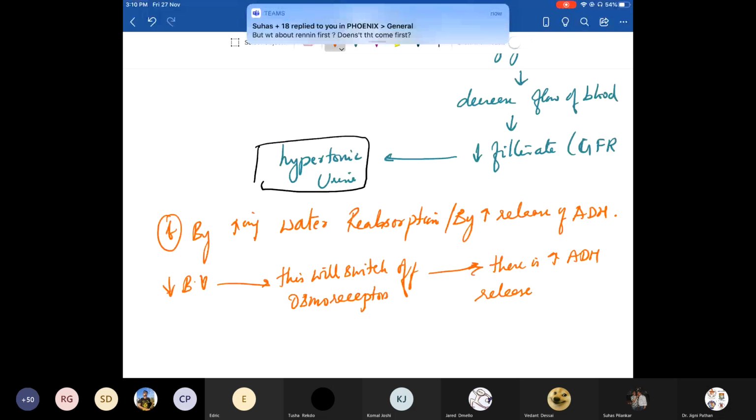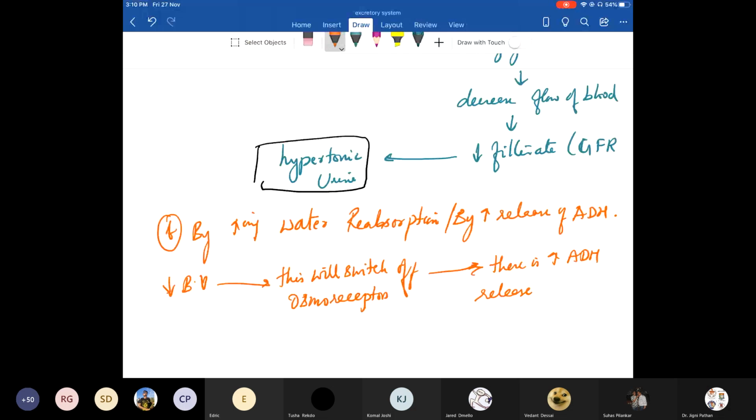We'll study the renin, that is a special mechanism. Then there is an increase in ADH release. This increases the water reabsorption and leads to hypertonic urine.